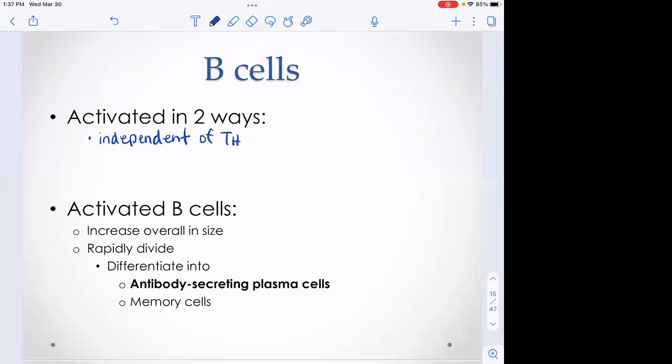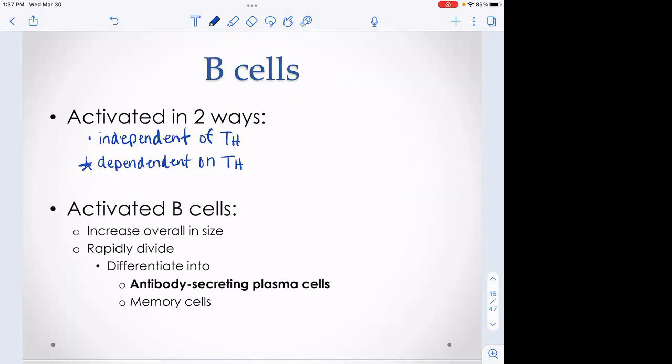The much more common way is that B cells are dependent on stimulation by T helper cells. It depends what kind of antigen is being recognized by the B cell receptors as to whether that antigen can activate the B cell right away or whether the B cell needs additional signals from a T helper cell. So we're going to come back to that after we talk about T cells.